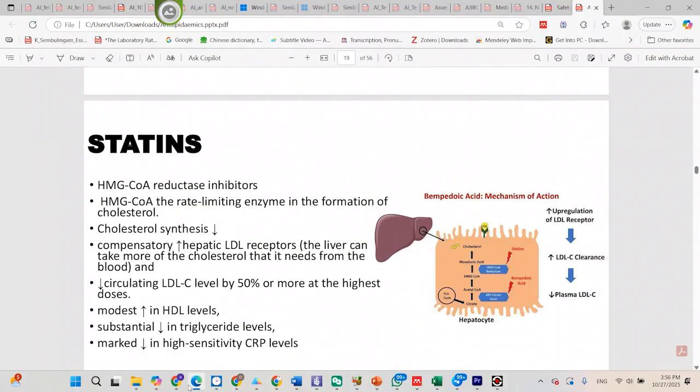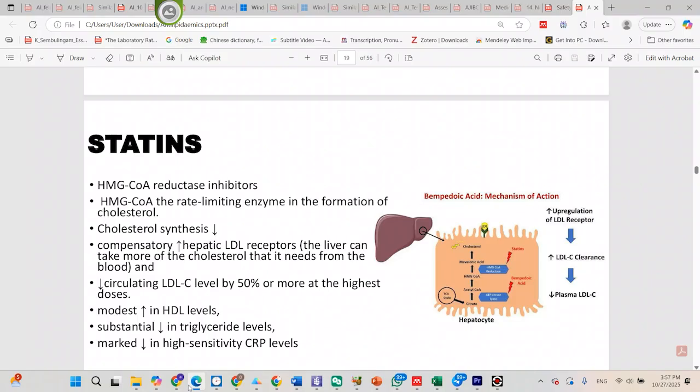So our statins target HMG-CoA reductase, which I have shown you in the synthesis of cholesterol from acetyl-CoA. Because this HMG-CoA reductase is the rate limiting enzyme in the formation of cholesterol, when statins inhibit this enzyme, cholesterol synthesis reduces.